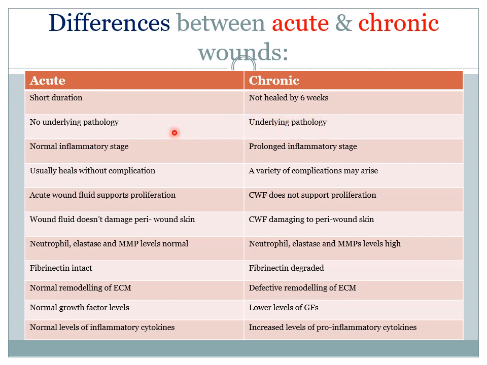Acute wounds pass through normal inflammatory stages, while the chronic wounds pass through prolonged inflammatory stages. Usually, acute wounds heal without complication, while a variety of complications arise in the chronic wounds.